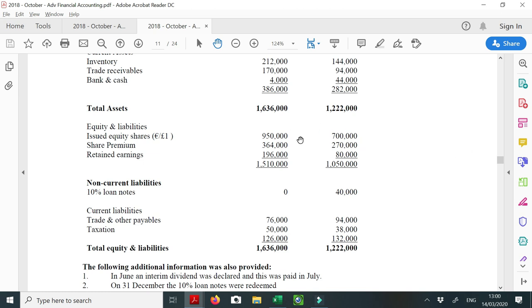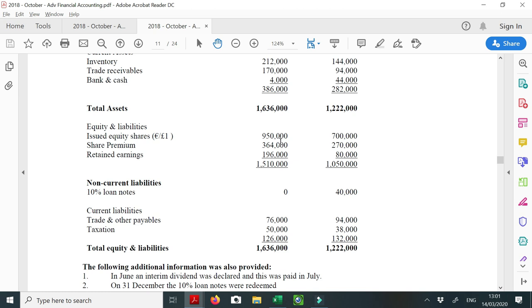So the amount of money that I raised, the difference between these two figures, is going to be the increase in my share capital. For completeness, I'll just write it out anyway, but in the exam, I would just make a little note. It would be 700 plus 270, and I'd add 950 and 364, and the difference is your answer.